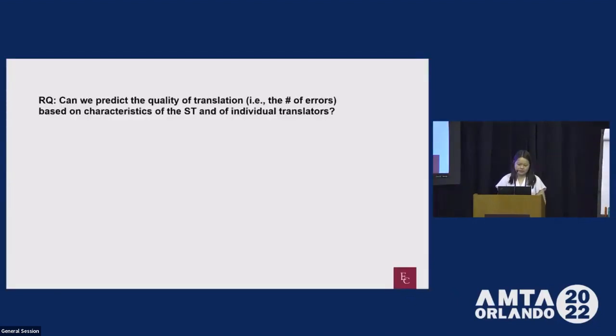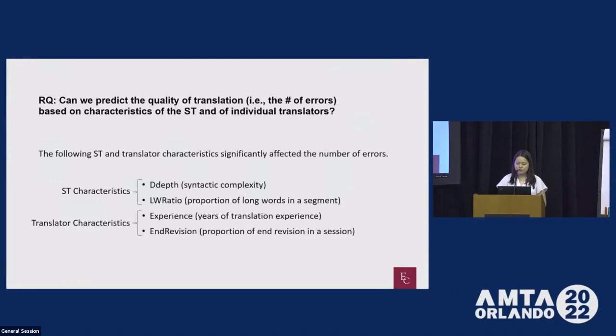So for a quick summary, in this paper, I tried to predict the number of translation errors using source text and translator characteristics, 4 of which produced significant results in the count model. Long word ratio and the training also turned out to be significant factors in the ZI models, but interpretation of ZIGLMMs demands further discussion.